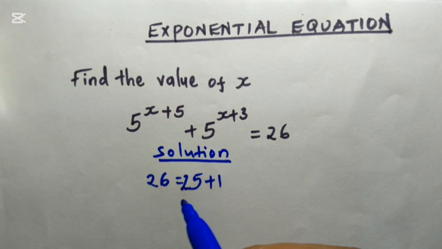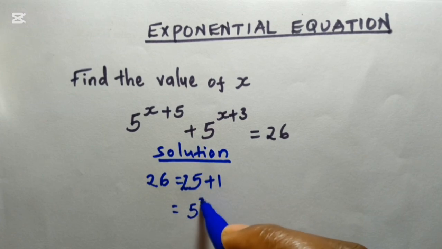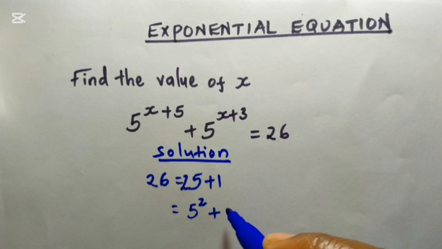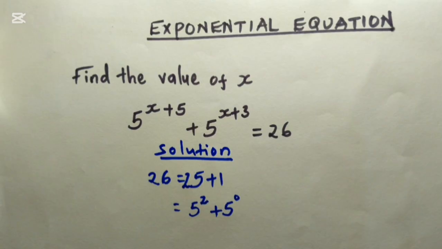This can also be written as 5 power 2, which is 25, plus 5 power 0, which is 1. Anything power 0 is equivalent to 1.